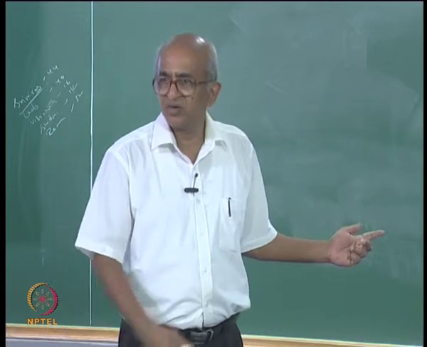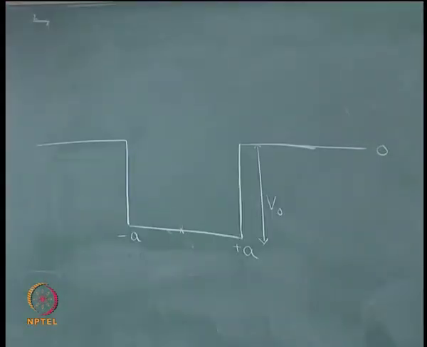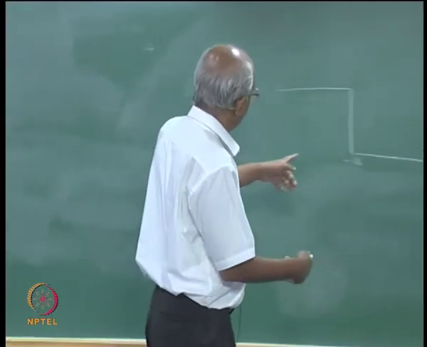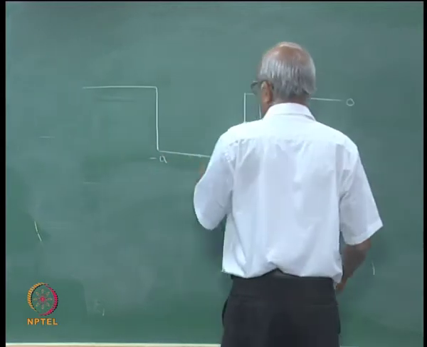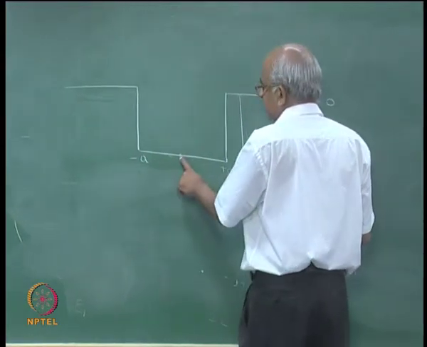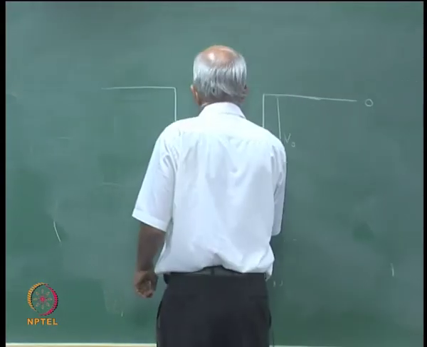I have already told you that if I choose the potential to be symmetric, then I have big advantages. I can classify my wave functions as being symmetric or antisymmetric, and I am going to use that, and that makes things extremely simple. If you make use of symmetry, then calculations become very easy. Okay. I want to use that, that is the reason why I chose the coordinate system in such a fashion that x is equal to 0 is this point.